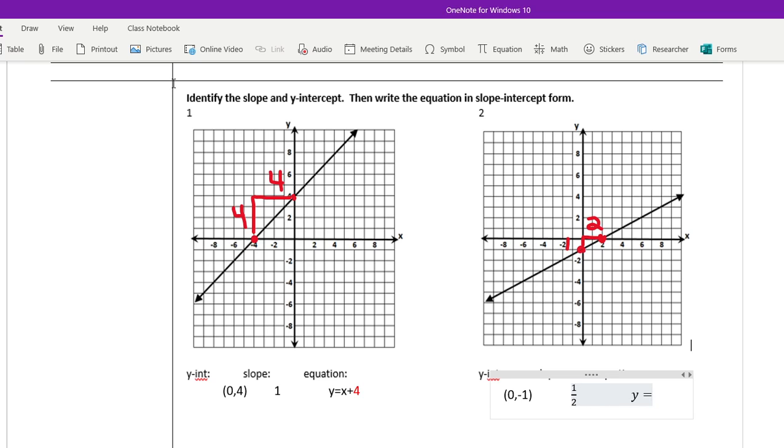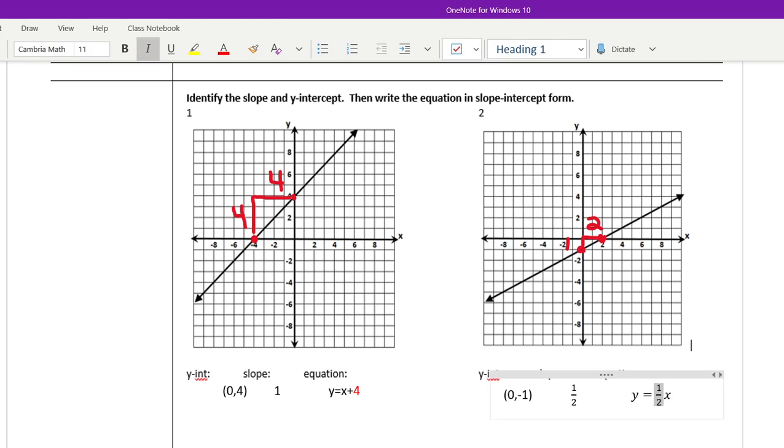We plug in our slope value of 1/2, and we're multiplying this by x. Since it is something that I'm changing from the parent function, I'm going to use the red font for you.